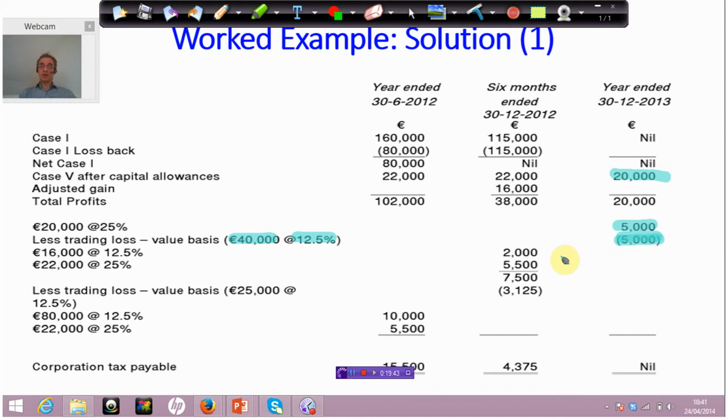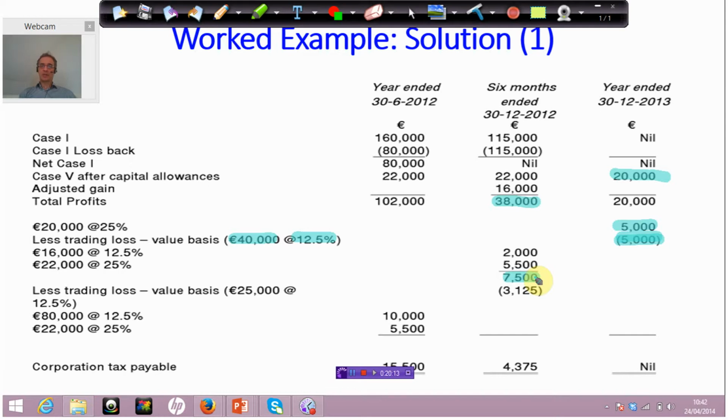And then moving on from there, you remember that we need to go back again to the previous year and offset against any other income in that year. So what we've got here is 38,000 euros worth of other income. In essence, we've got a calculation to do here on tax, and we come up with a 7,500 euro figure.